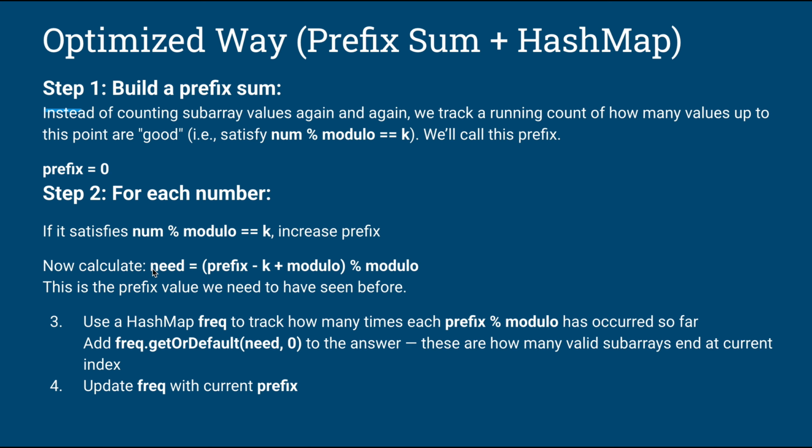We look up how many previous prefix sums match this need. This is the prefix value we need to have seen before, and for that we'll do steps 3 and 4. Okay, so let's dive into the problem solution.